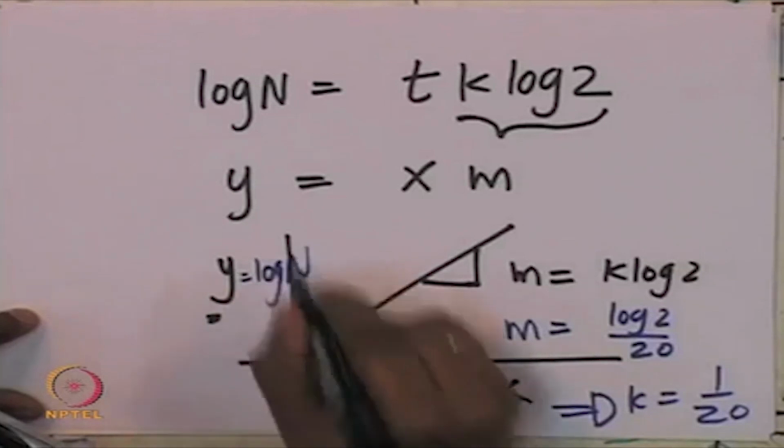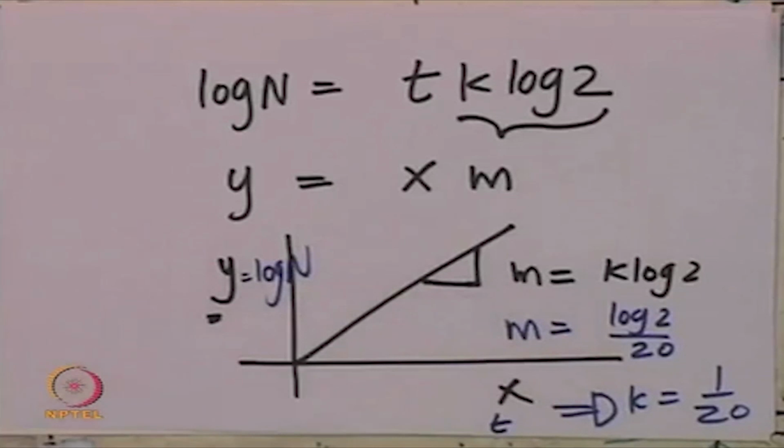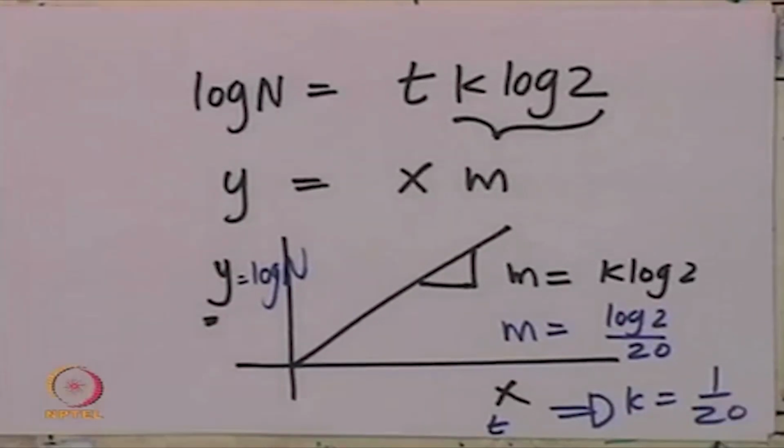Log n versus time, x is time. So, basically we plotted log n versus time. By plotting log n versus time, the log of the quantity, we got the slope by just calculating the slope, the derivative of a straight line. The derivative of a straight line is the easiest thing to calculate.